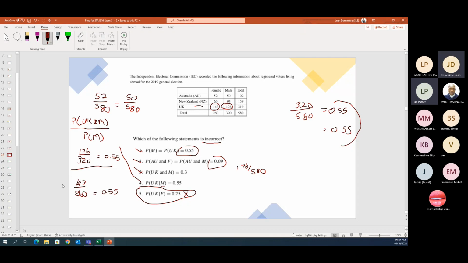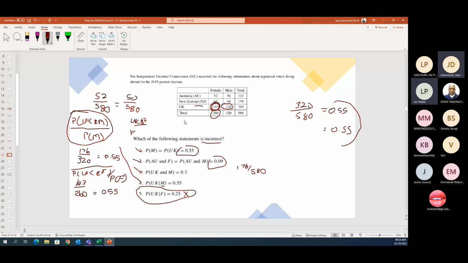It should have been UK and female, 143, divided by the probability of female, which is 260. That one was just the UK and female divided by the probability of a female.